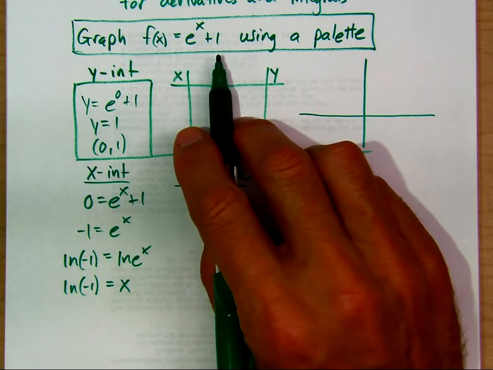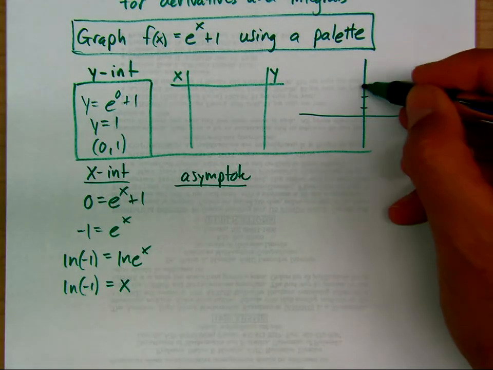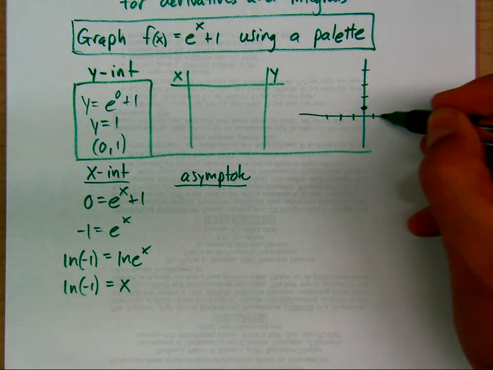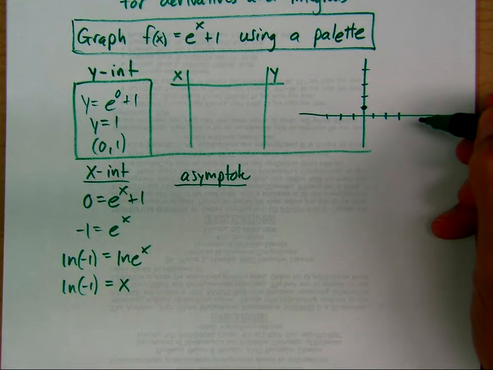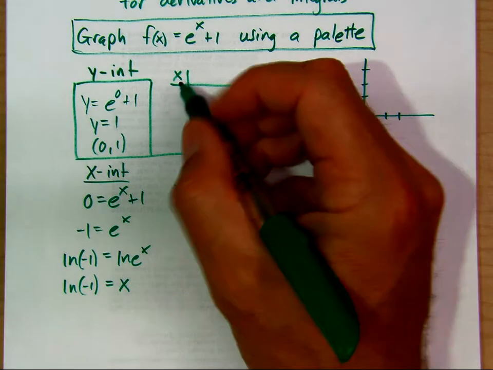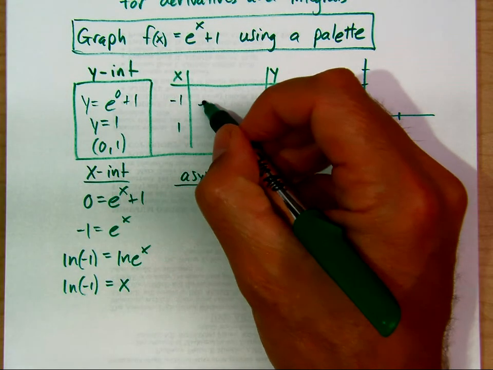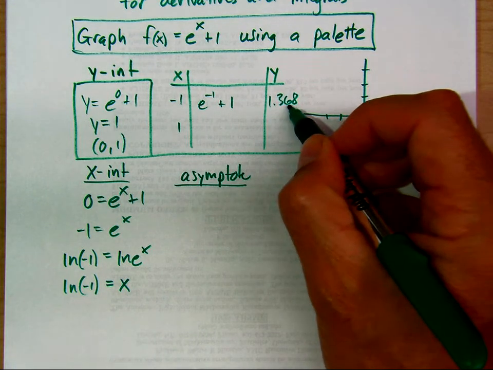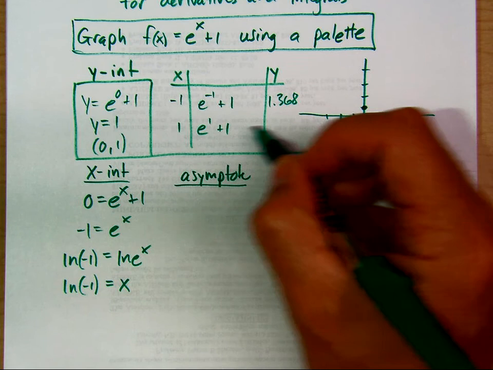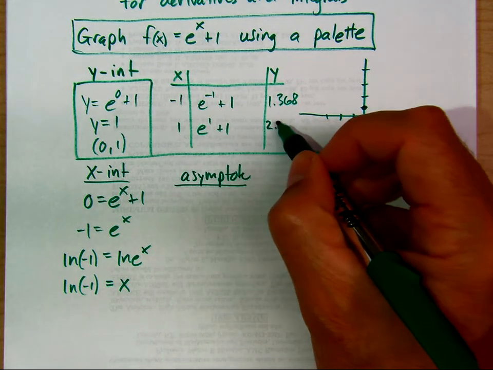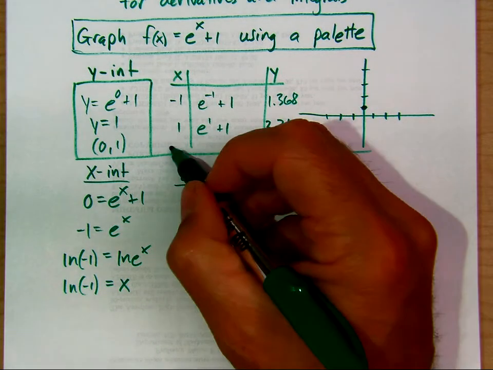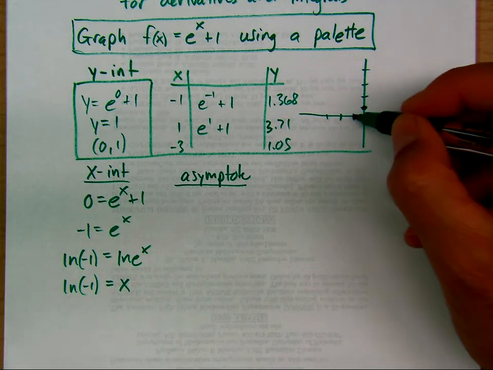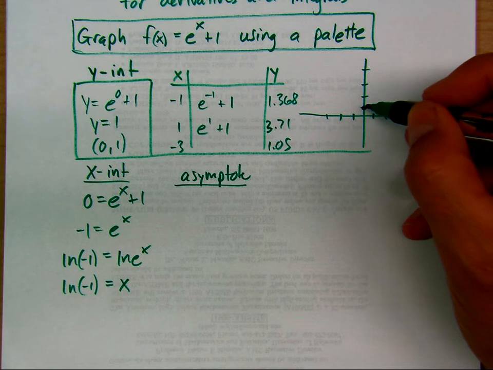We have 0, 1 is the y-intercept. There's no x-intercept. And let's choose some x values. On the calculator we can get that. 2.71 plus 1 is 3.71, and if we had a negative 3 we would be at 1.05.